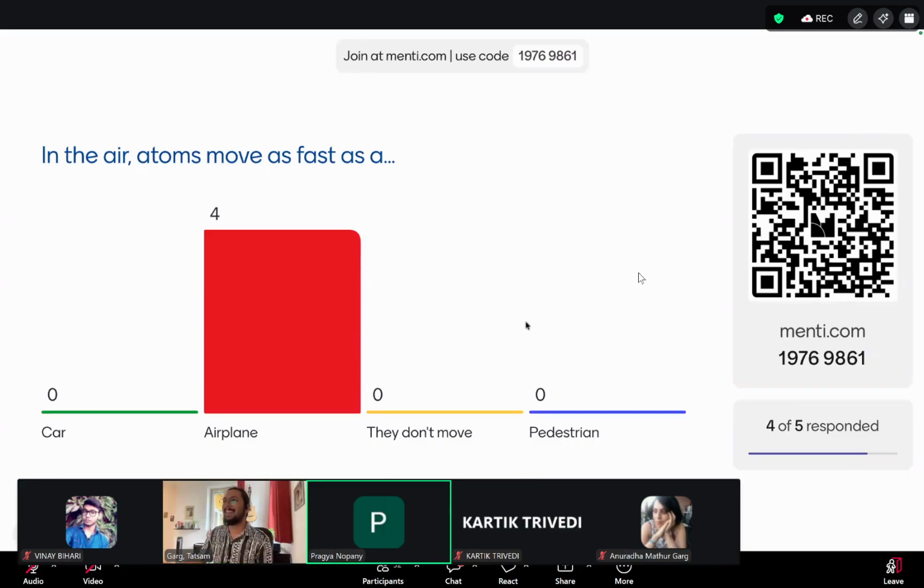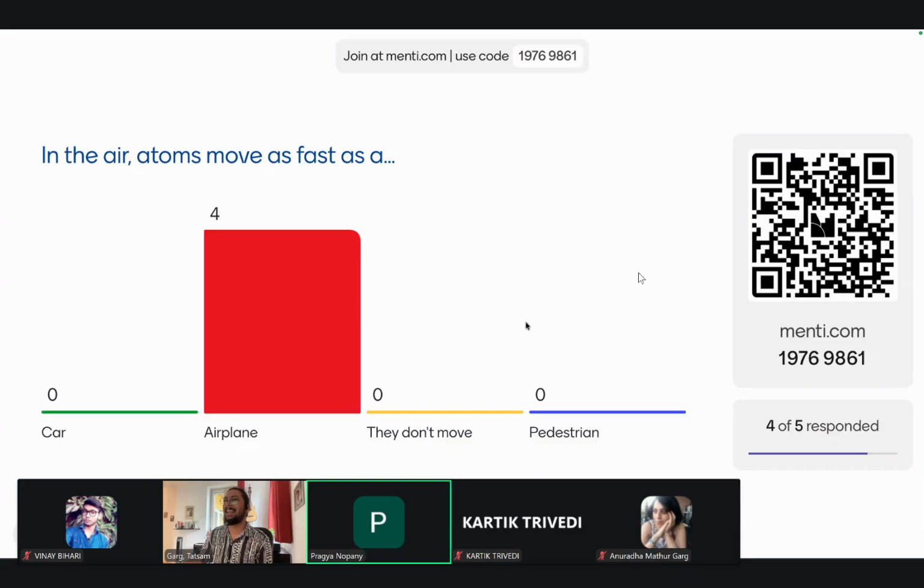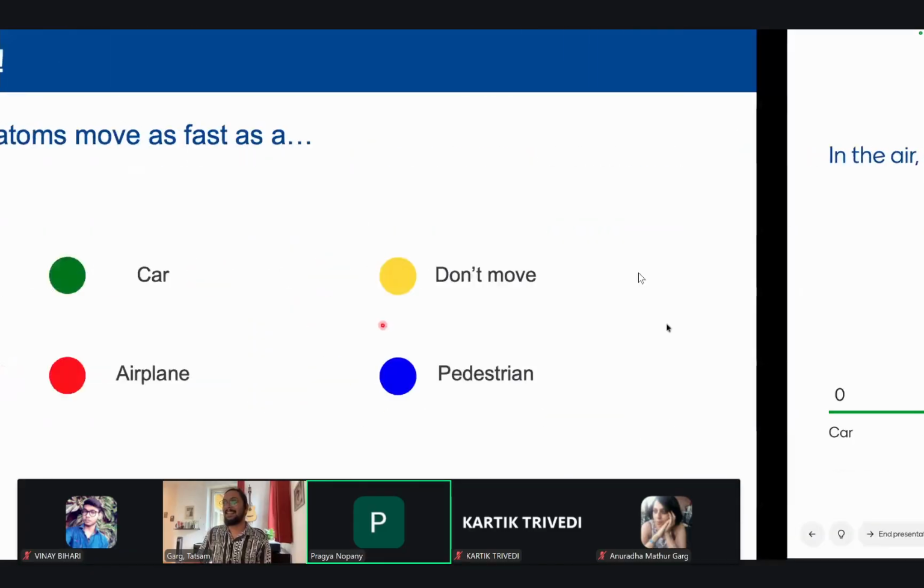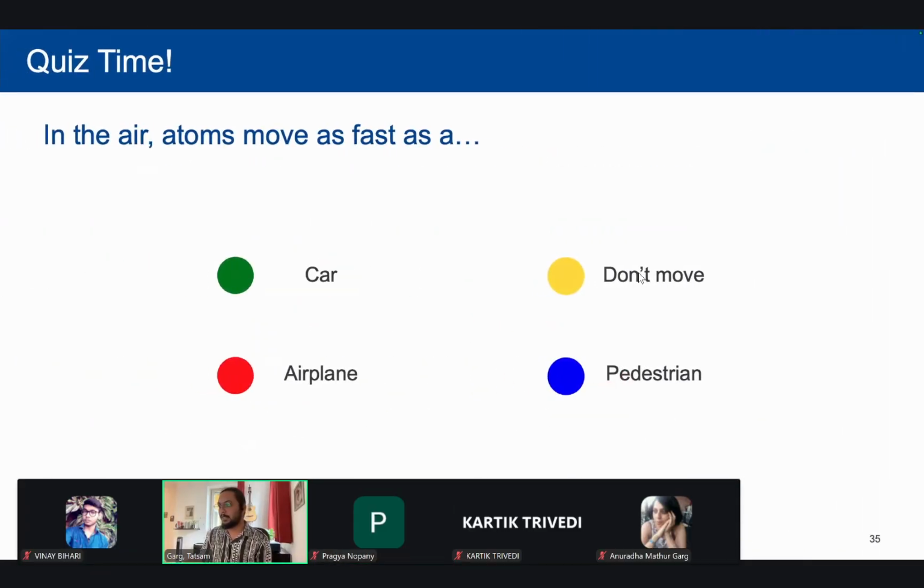I think they're not used to it. I'm taunting them to motivate. You can answer in the chat also, people, if you like. If this is a little bit annoying to access them.